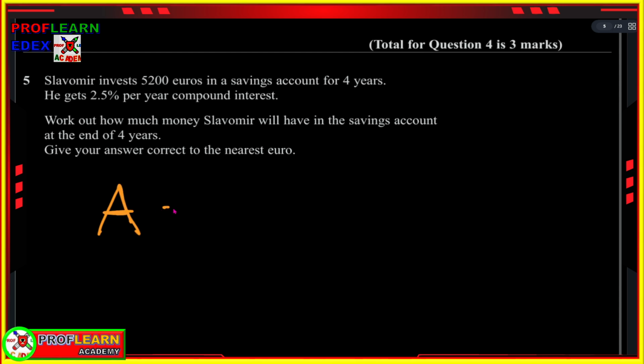Non-calculator. So we have amount is going to be principal into 1 plus r over 100 raised to power n.